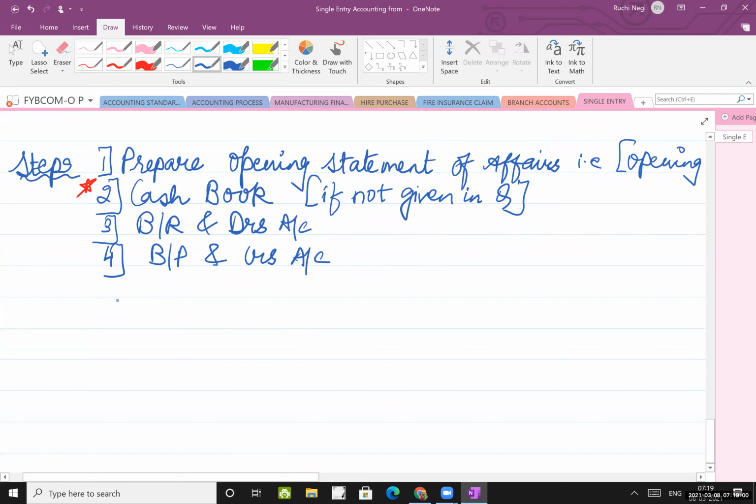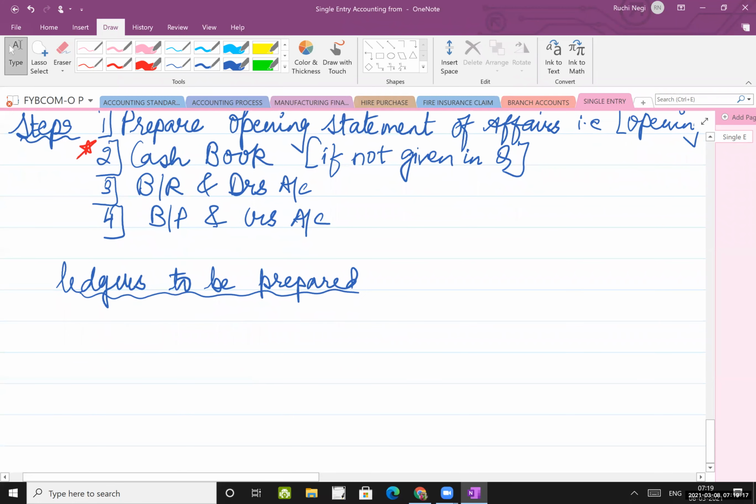Then right down below this, ledgers to be prepared in the conversion method. So what is a ledger?